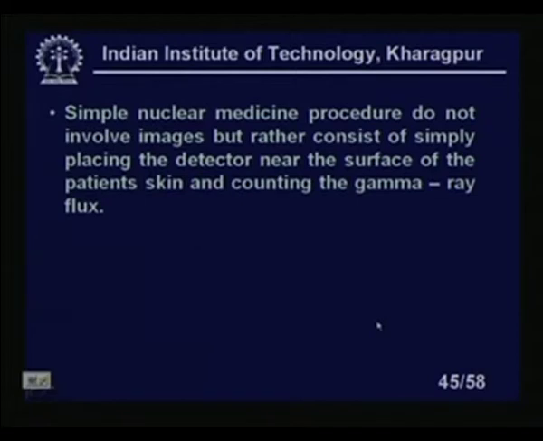Simple nuclear medicine procedures do not involve images, but consist of simply placing the detector near the surface of the patient's skin and counting the gamma ray flux. This is a very common example, obviously non-invasive.